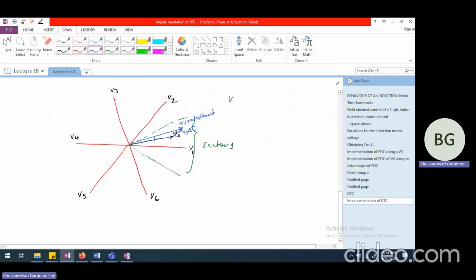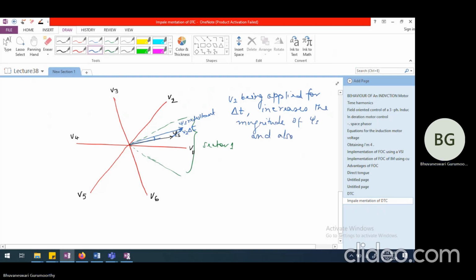So V2 being applied for a duration of delta t increases the magnitude of psi s and also gamma.